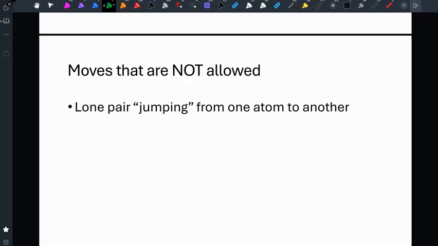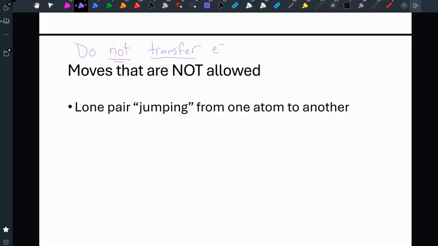So anything that involves transfer of electrons rather than sharing of electrons is not allowed. So do not transfer electrons. That's what happens in ionic bonding, where one atom steals electrons from another. In these organic reactions, most of the time, electrons are not getting stolen, they're getting shared.